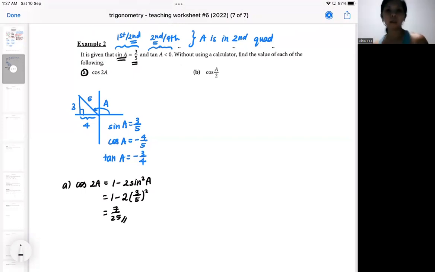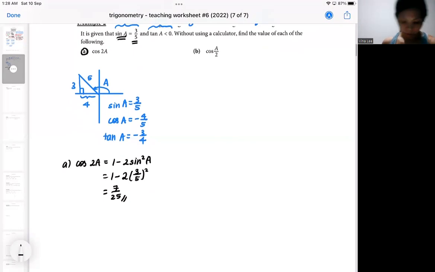Okay, but let's say you didn't use this formula. Let's try cosine 2A equal to cosine square A minus sine square A. Will I still get the same answer?